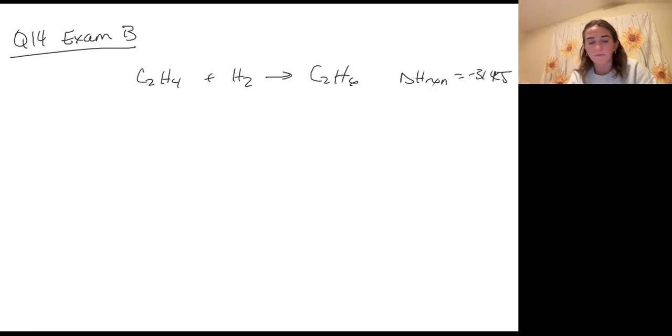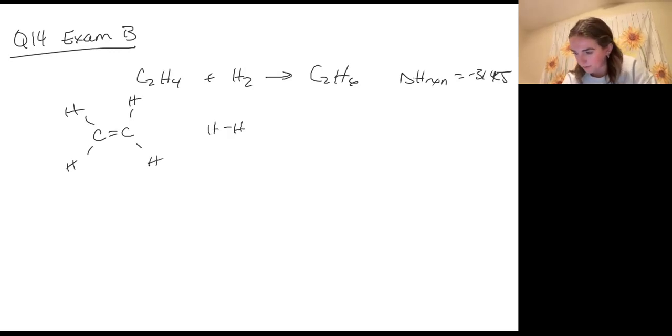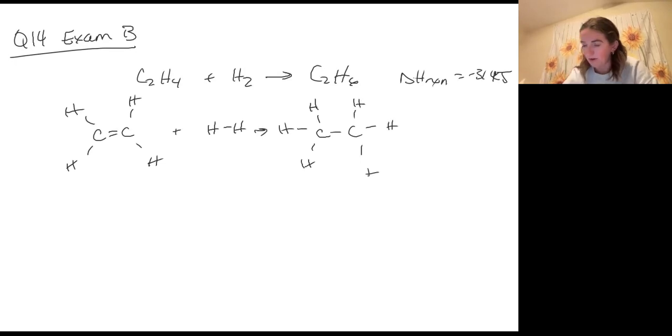For this question, it's important that you write out the actual structures of these products and reactants. So C2H4 is going to be this, H2 is just going to be this, and C2H6 looks like this. So these are your reactants going to products.